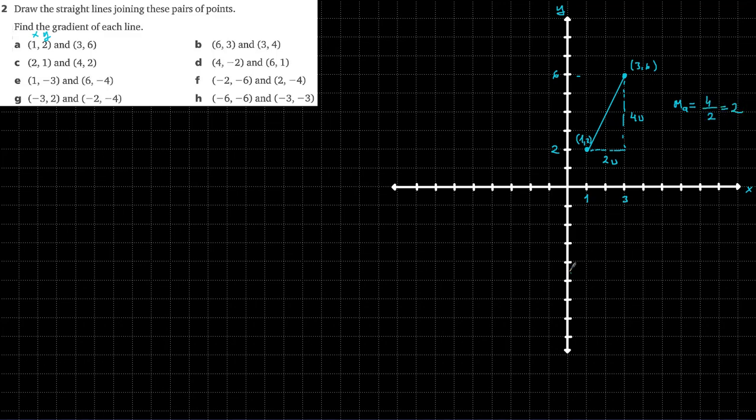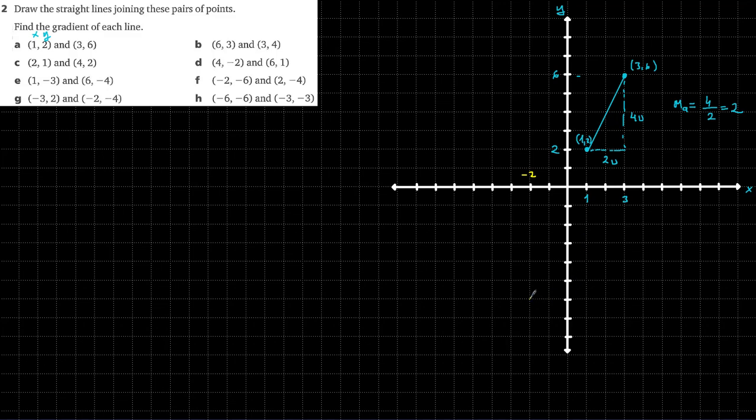I'm going to do the same thing for f. Let me solve f here. For f, minus 2 and minus 6, we are going to find here. This is minus 2 and this is minus 6. Here it's minus 1, minus 2, minus 3, minus 4, minus 5, and this is minus 6.